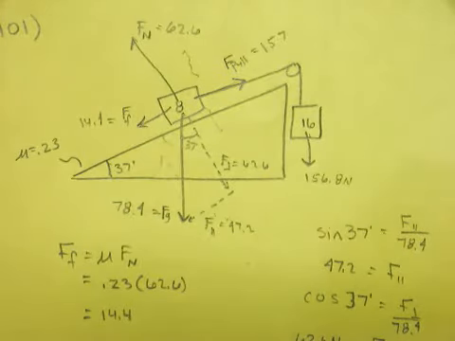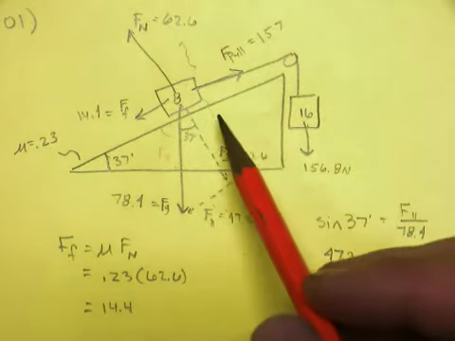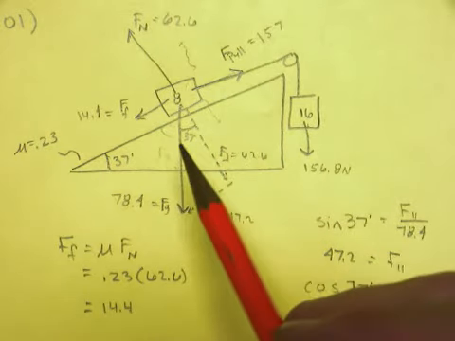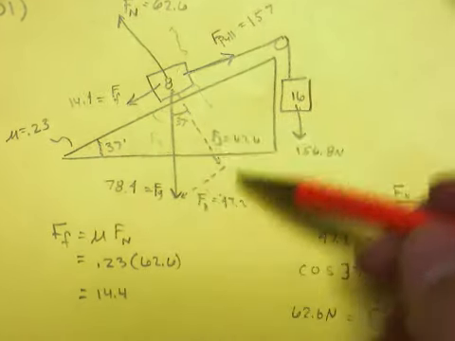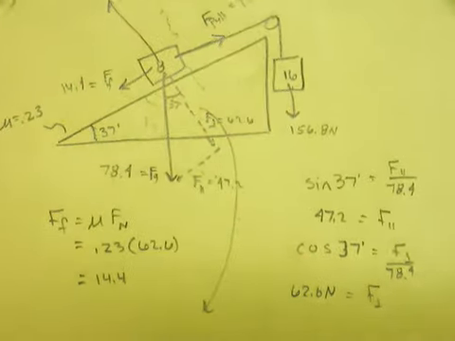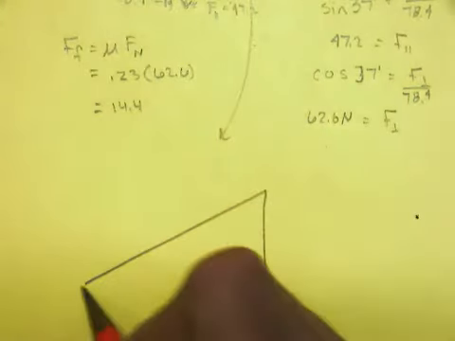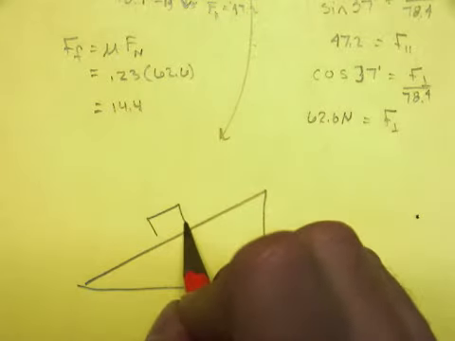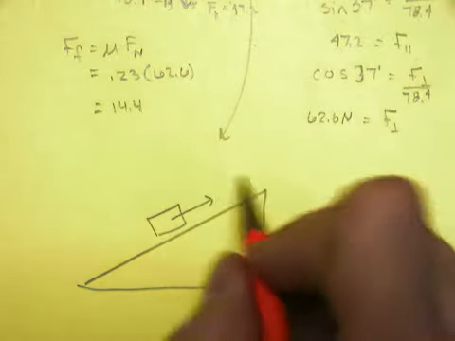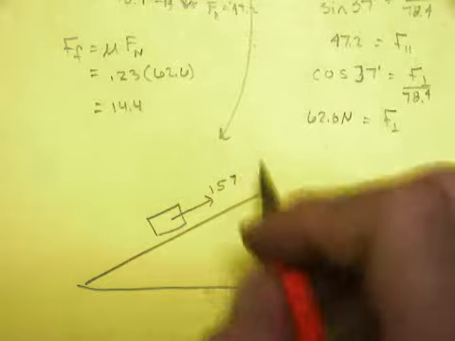Now, my drawing's a little bit too busy right now, so what I'm going to do is make a new drawing just to kind of simplify stuff. I've got my box again. I'm being pulled this way at 157.